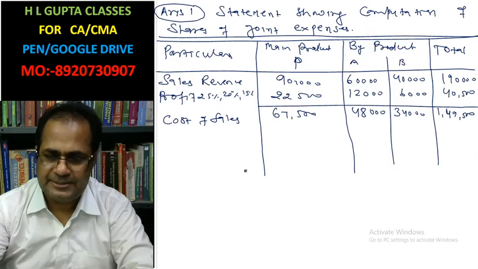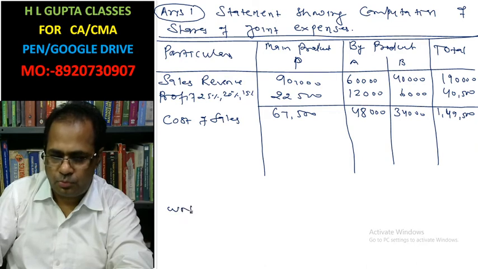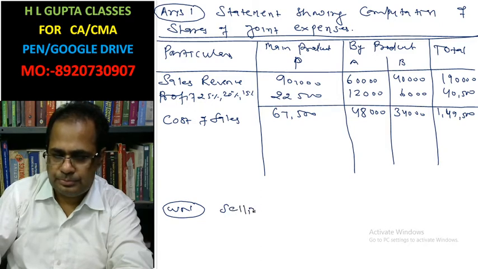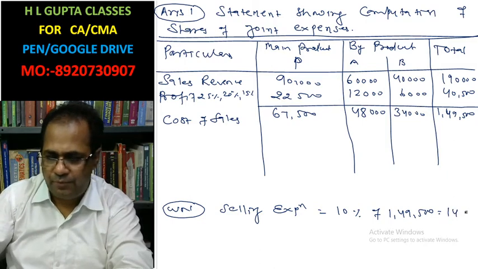In this case, working note: calculation of selling expenses. Selling expenses, 10% of 1,49,500, is 14,950.